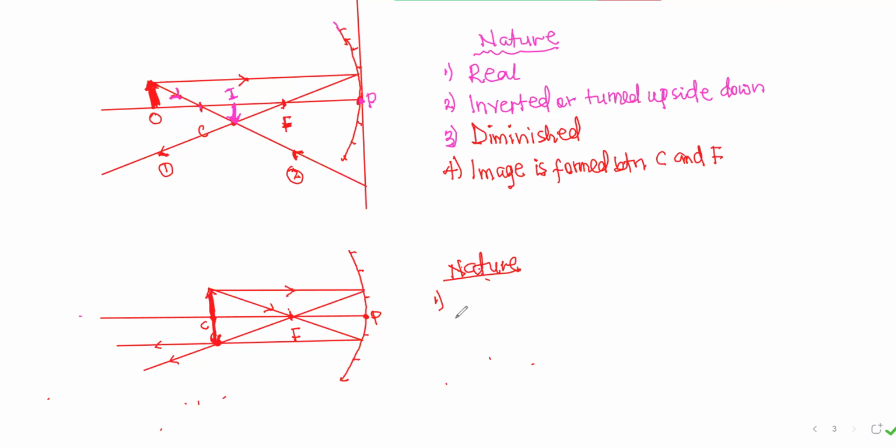Is it real or virtual? It is real. It is real because it is formed in front of the mirror. It is real because it is formed as a result of the actual intersection of reflected rays. So image is real, and all real images are inverted.